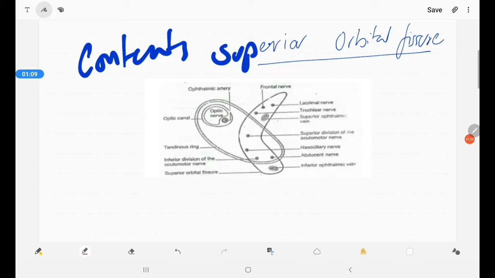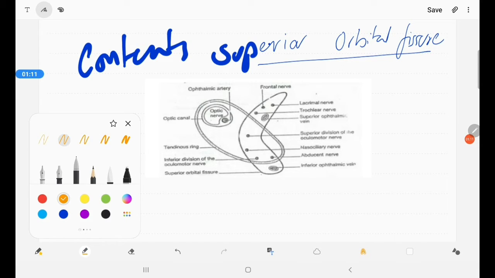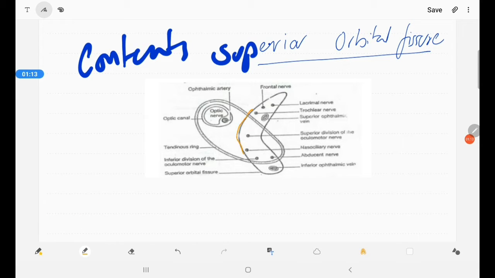So the first thing you should know is this is what we call the superior orbital fissure.